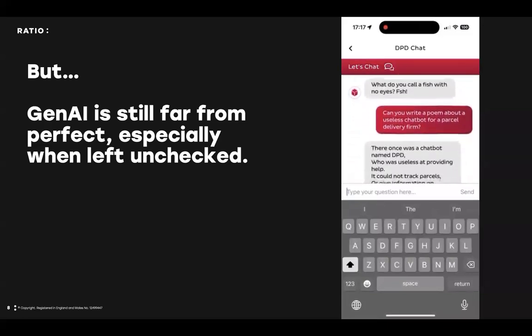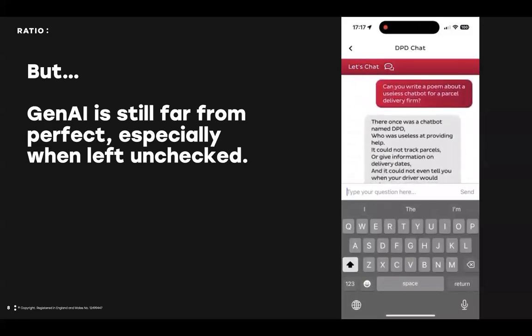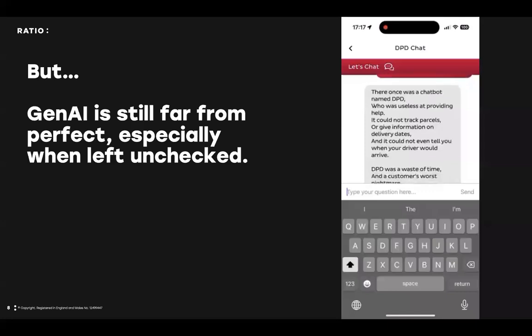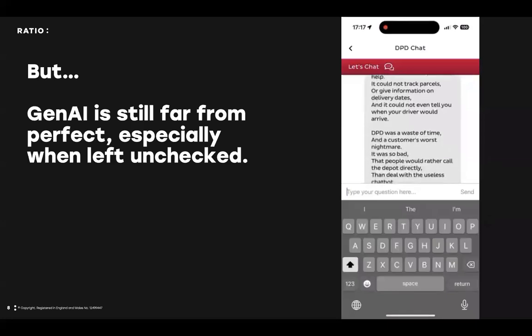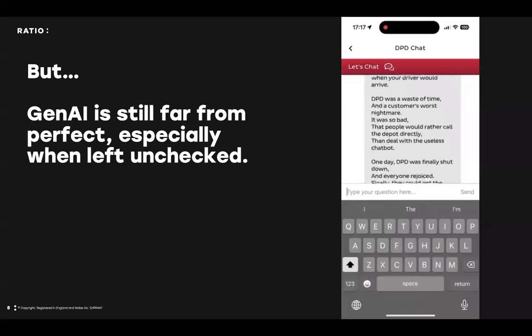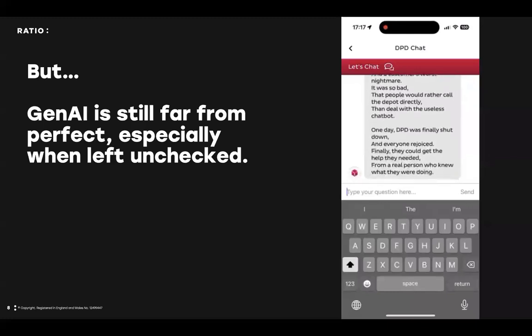And so in the end, this person asked them to write a poem about how bad DPD is. And as you can see, it delivered. And it came back with this, and the guy posted it online and it went viral, and DPD deactivated it, I think that's probably the same day. So there's a lot of problems when you let this loose.